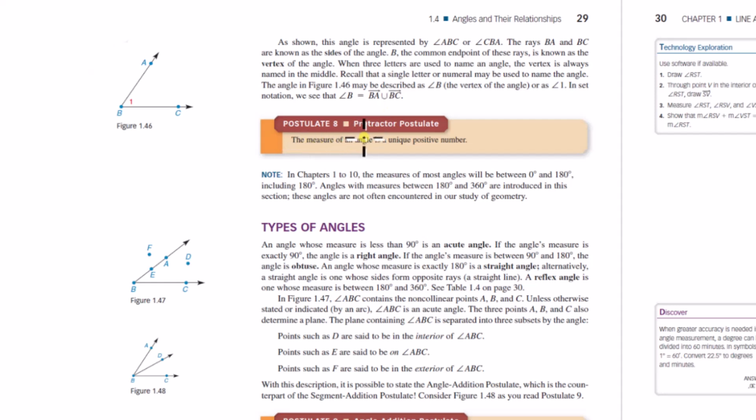Postulate, the protractor postulate: the measure of an angle is a unique positive number. Yeah, that makes sense. That's like saying that a length is a unique positive number, the length of something. And it's unique in the sense that if you have something in your hand like a piece of metal and you think about its length or one of its dimensions, it has one and only one actual true length.